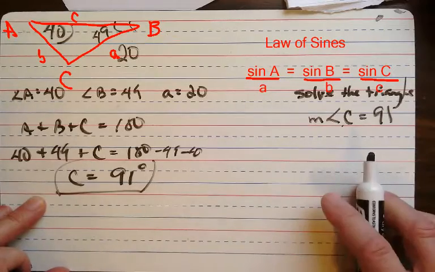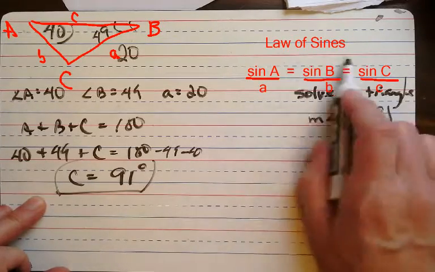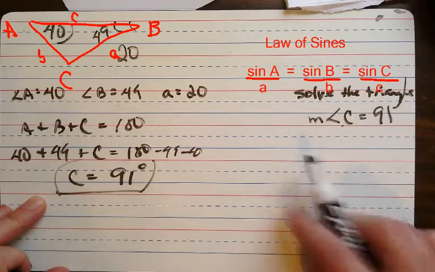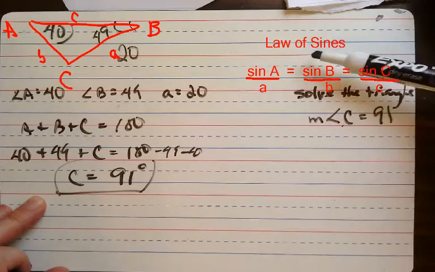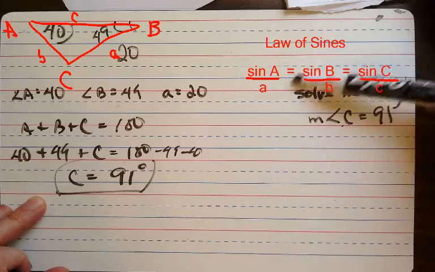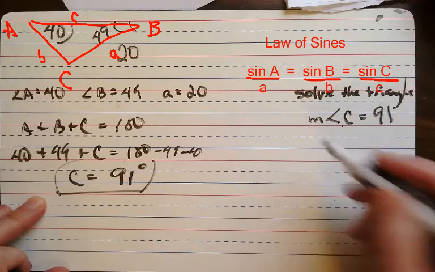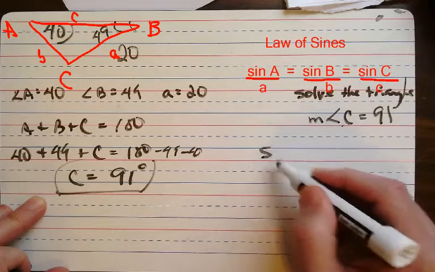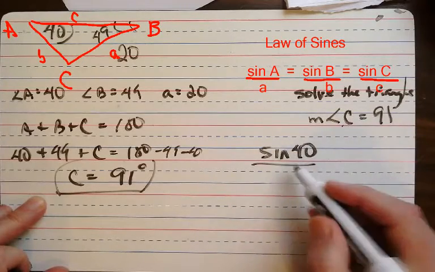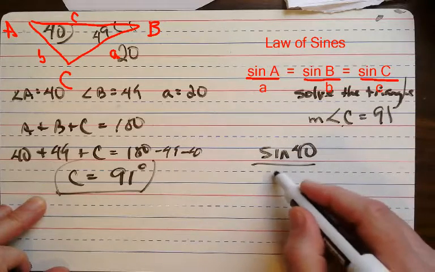These are new rules, and we're going to use this to find the missing sides. According to this, if I know angle A and side A, that's going to be one part of my proportion. So angle A is 40 and side A is 20.